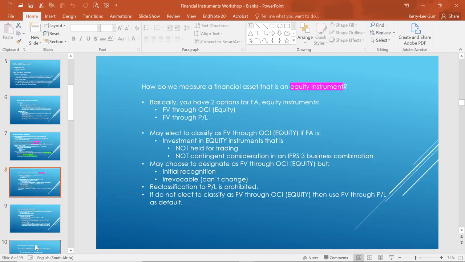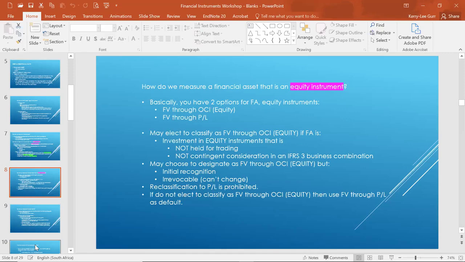So there's no intention for sale of these particular shares. And then in terms of the contingent consideration and IFRS 3 business combination, nothing to worry about too much at second year level, but you will cover that in third year as you do goodwill and business combinations.